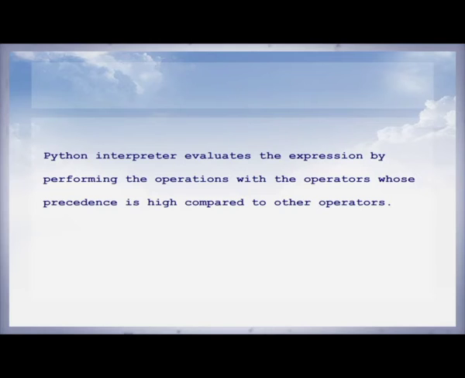Python interpreter evaluates the expression by performing the operations with the operators whose precedence is high compared to other operators, and except the exponent operator, that is double star, all operators are evaluated from left to right. So, let us first see the precedence of the operators and work out a few examples.